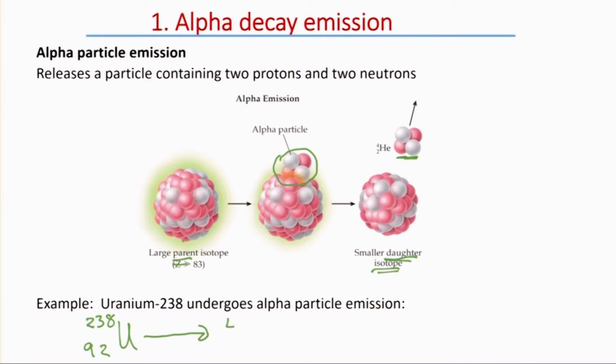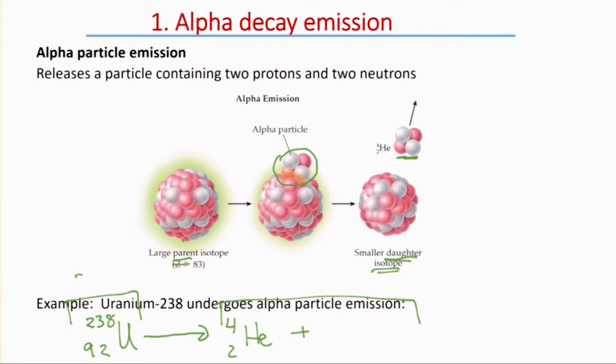We know that particle symbol, so we'll draw that here. And then you have to figure out, what else is left over? This is where we do the addition and figure out what's equal on both sides. We're not going to have a uranium anymore because we're going to be losing 2 protons. So you look at the mass number, which on both sides has to be equal.